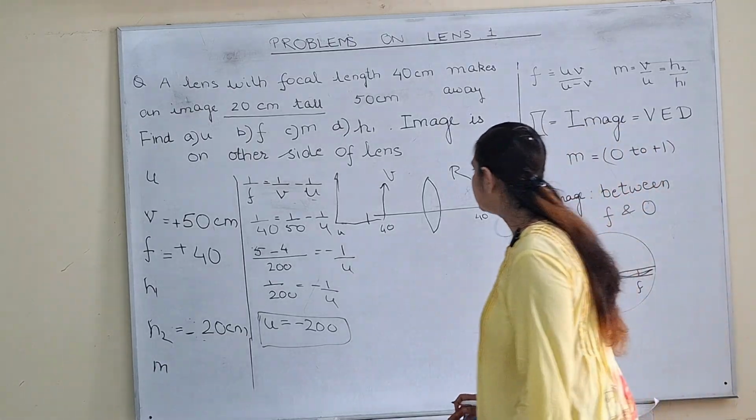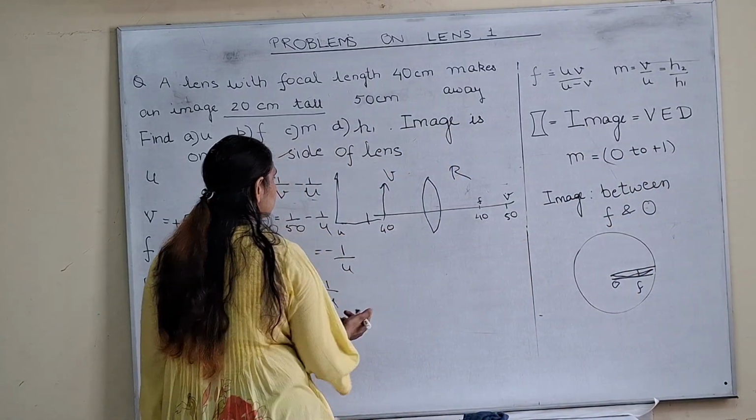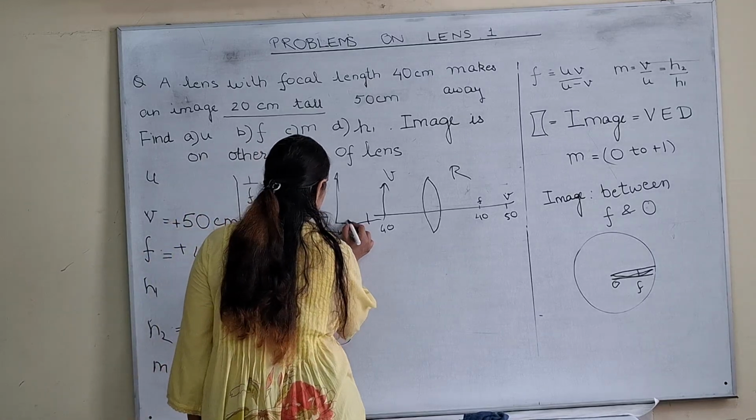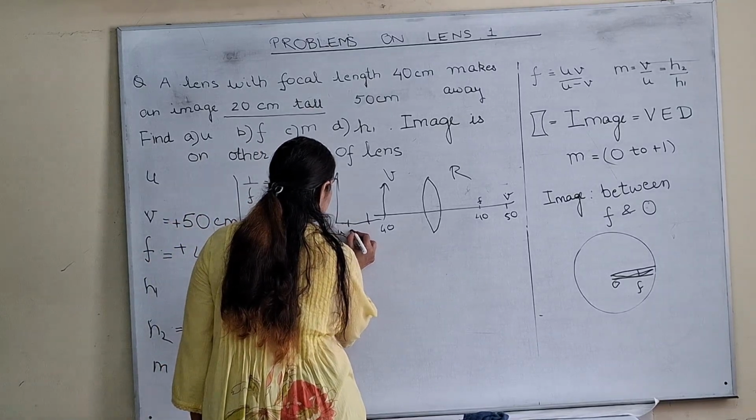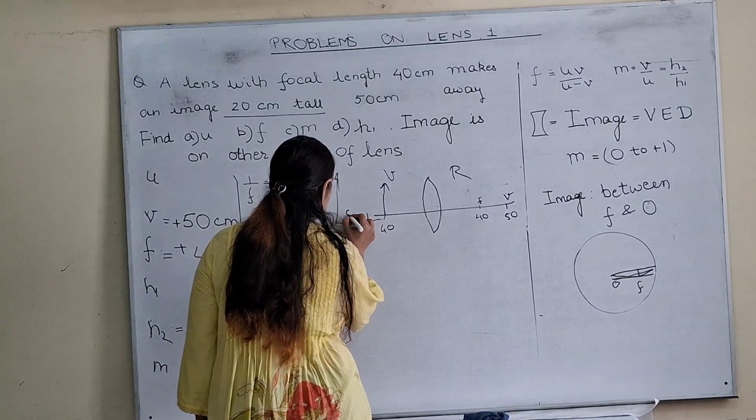So if focus is 40, where is the center? The center will be here, 80. This is the center of curvature.